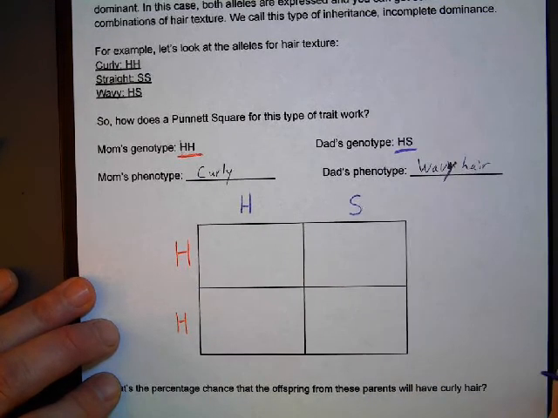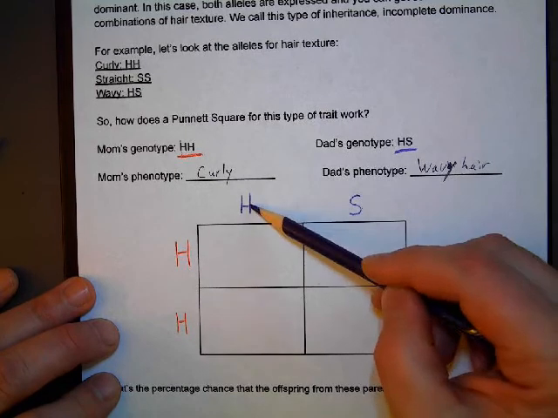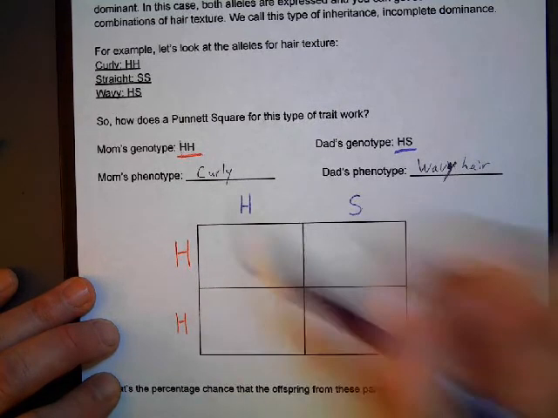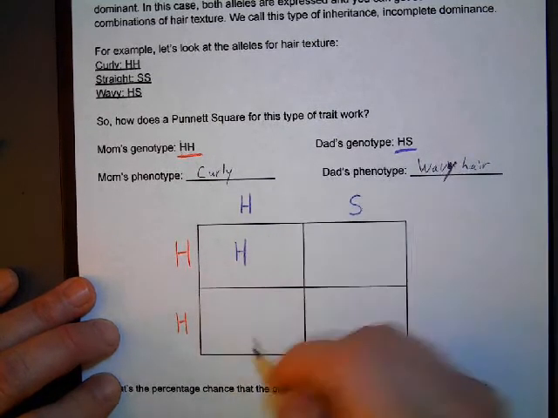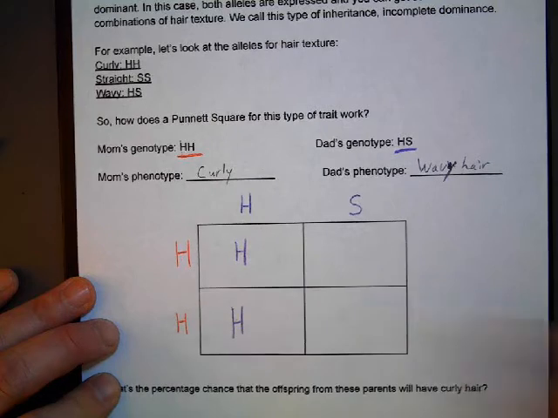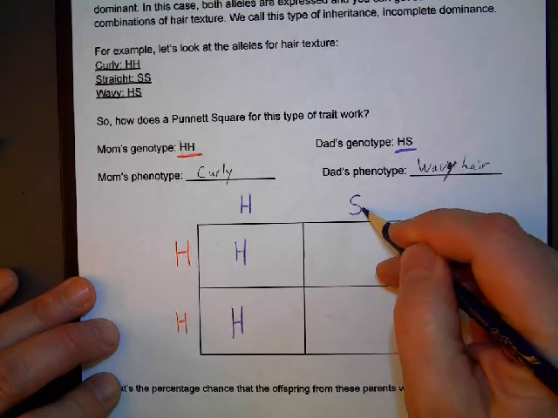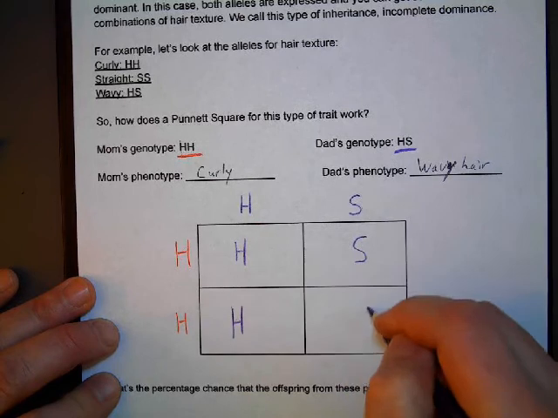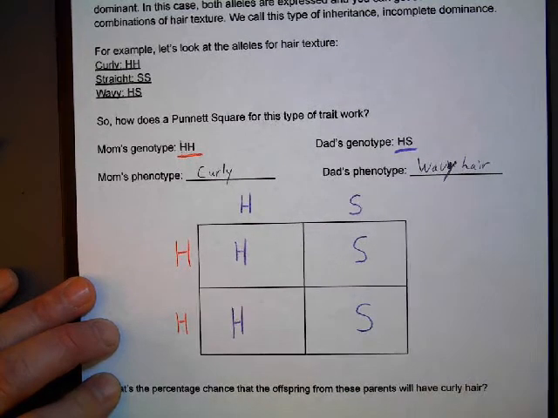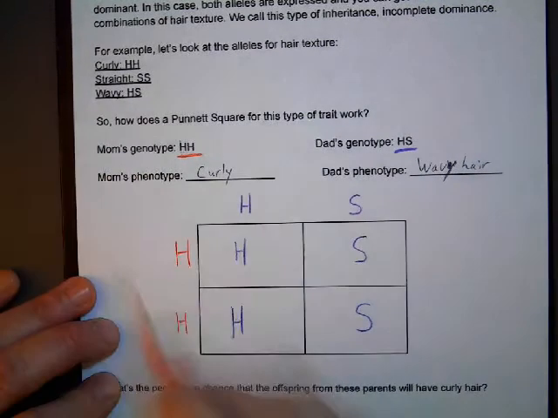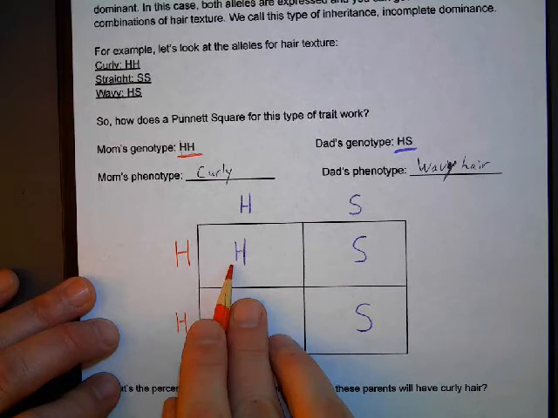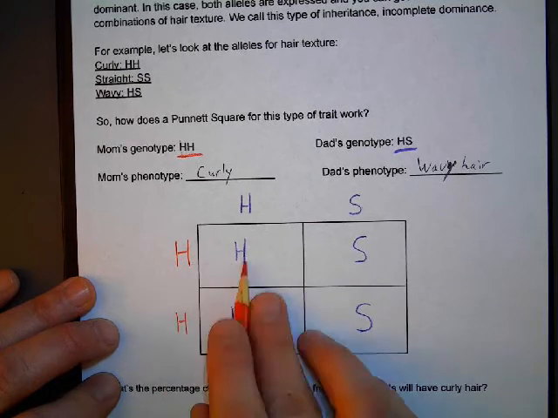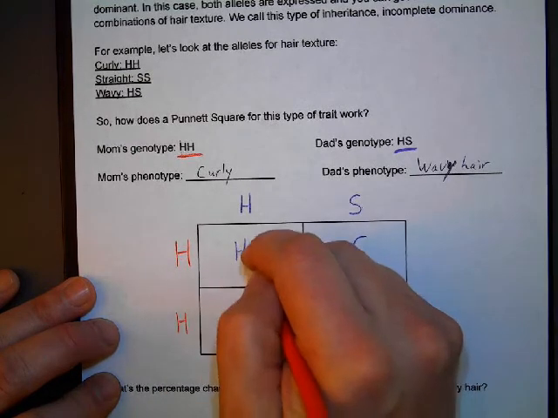And now I'm just going to fill in the Punnett square exactly how I did with the other Punnett squares. So I take this H and I put it in every box below it. So I put a capital H here and a capital H here. Then I'm going to take this capital S and put it in the boxes below. So I'm going to put a capital S here and a capital S here. Then I'm going to switch my pencils and take this capital H and put it in every box in the row.